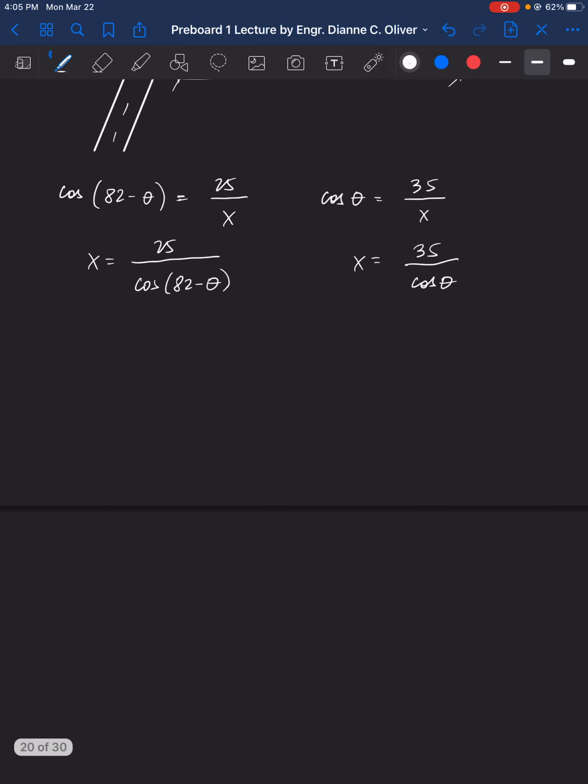Therefore, we will now equate x. So we have 25 all over cosine of 82 minus theta equal to 35 all over cosine theta, so that we will get a value for theta.